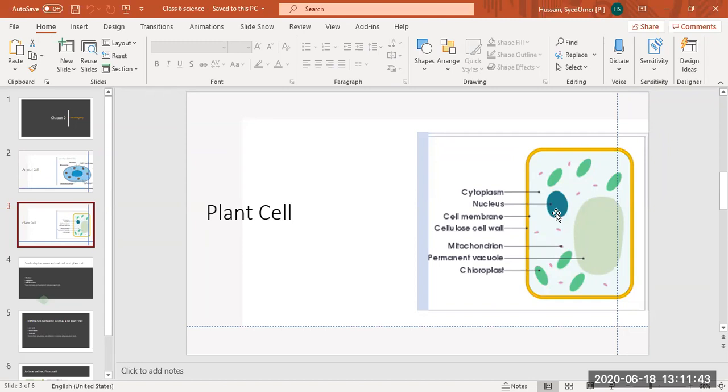Basically, nucleus is present in every kind of cell, because nucleus is the control center of the cell. It controls everything that happens in the cell, and it contains all the information that is responsible for everything that happens in the cell. So nucleus controls all the activity of the cell. That's why a nucleus is present in both an animal cell and a plant cell. Like a brain.